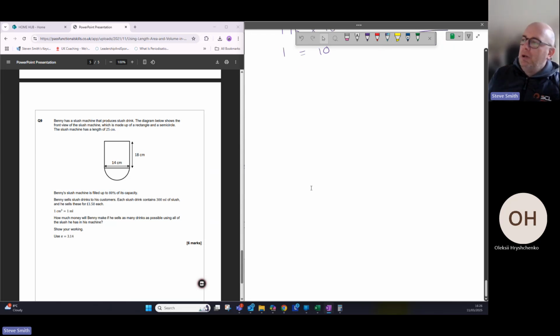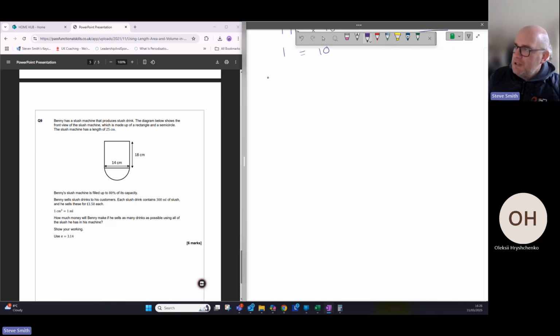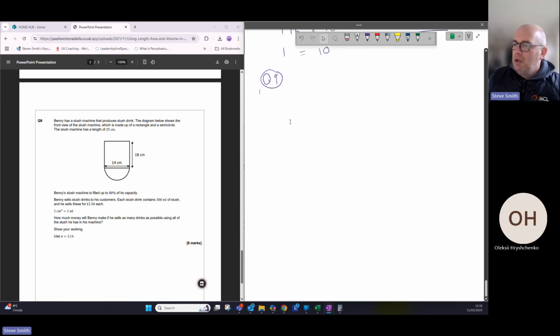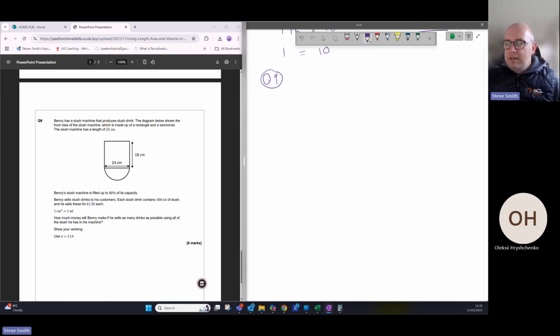So this is the 6-pointer. This is the most points awarded for any one question on a level 1 or a level 2 exam. And this one is looking at, I can see already we've got pi involved, we've got percentages involved. So we've got a whole lot going on here, hence why it's worth 6 points. We're mixing topics, which quite often happens in both level 1 and level 2.